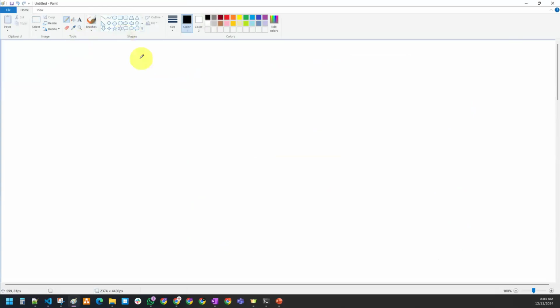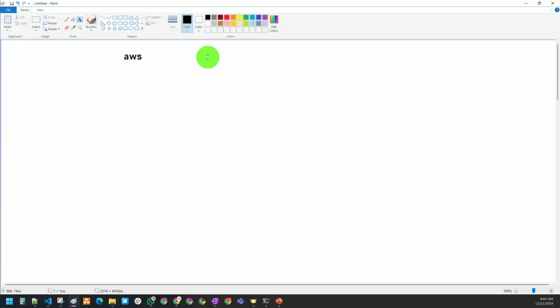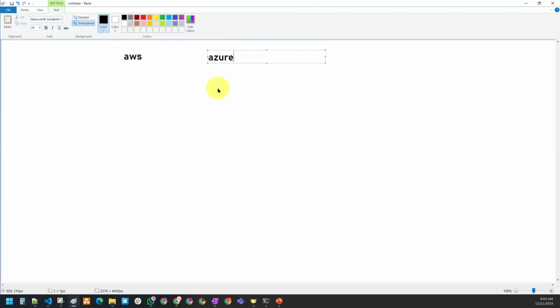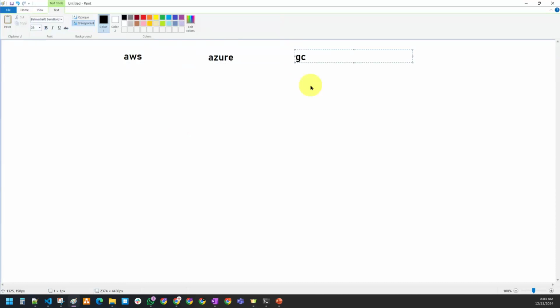So tell me, what are the cloud platforms that you already know? Correct. There is AWS, there is Azure, and one more is GCP.